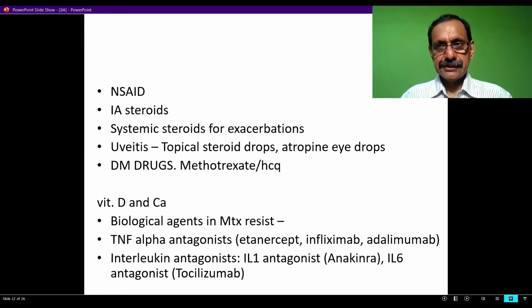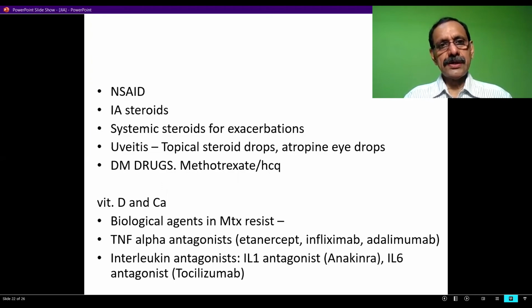The first line is non-steroidal anti-inflammatory agents, and the commonest thing that we use is naproxen. The other thing that can be used is ibuprofen. Aspirin was the chosen drug of yesteryears. Nowadays, we are not very favorable to aspirin because of side effects. Naproxen is much better tolerated.